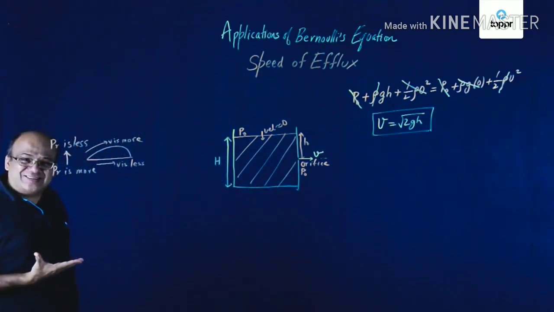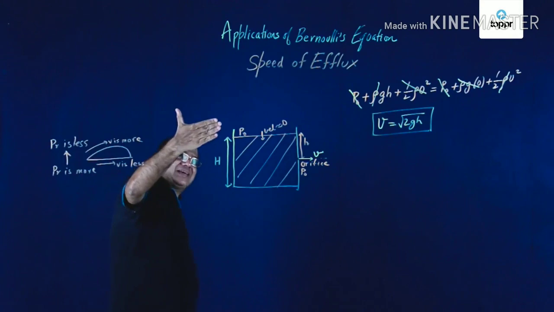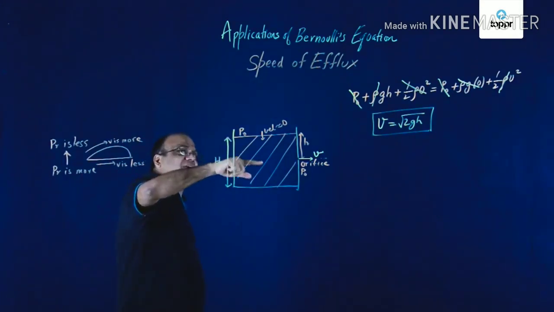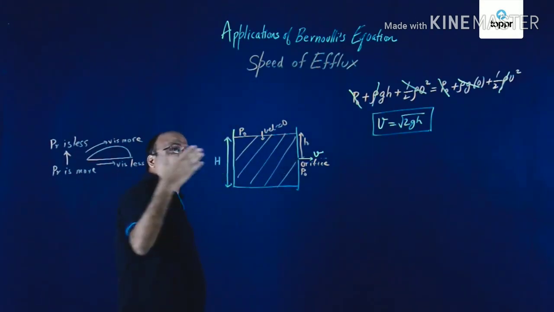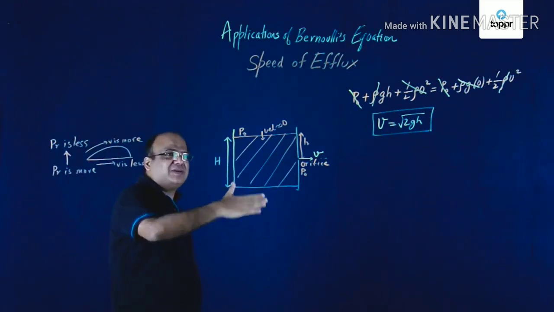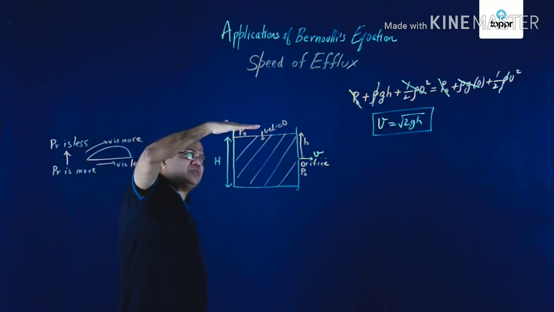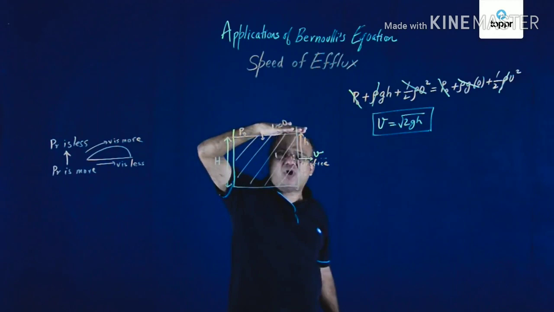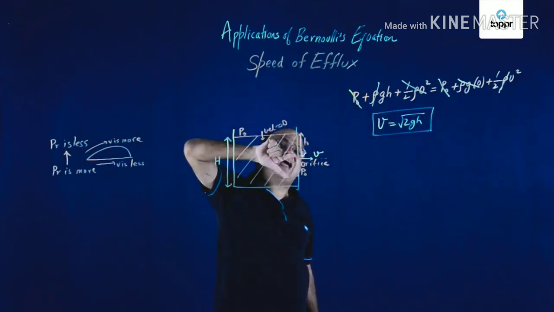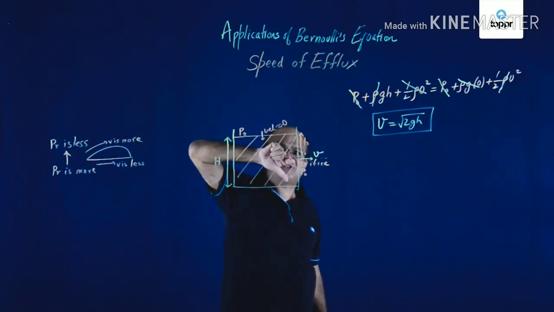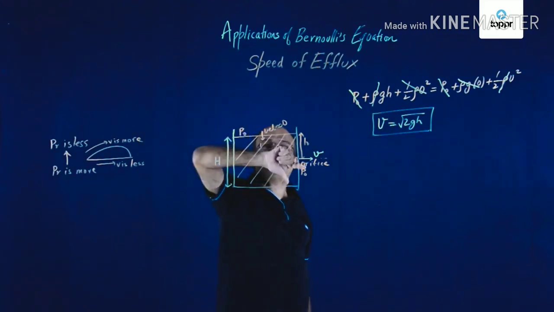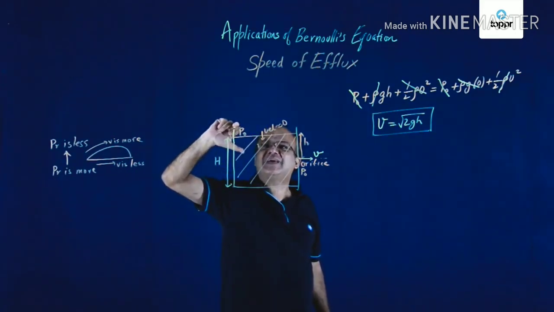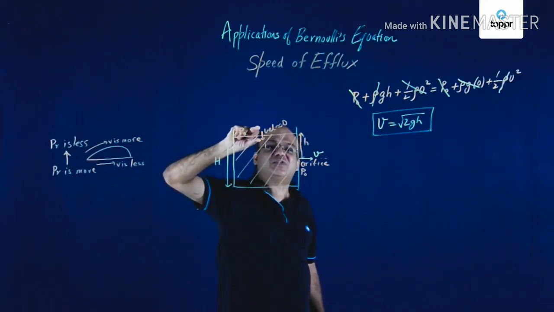So understand this. There is a big tank and we are making a hole in that tank, so that liquid is coming out. The height difference between the top level of the liquid in the tank and the orifice is h. Both are open to atmosphere, so pressure is P0. Velocity here is almost equal to 0.